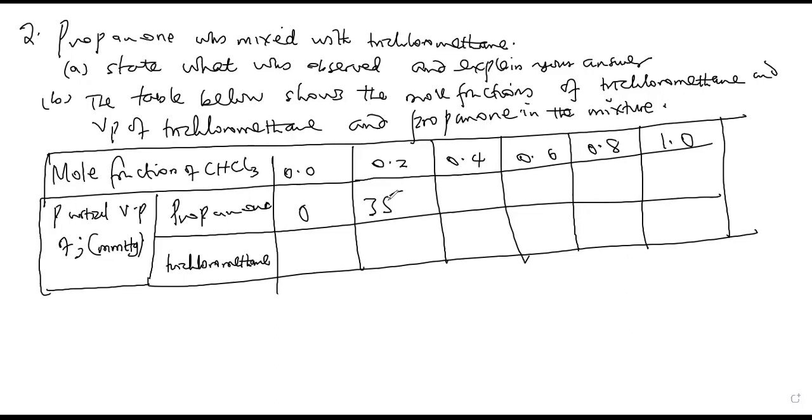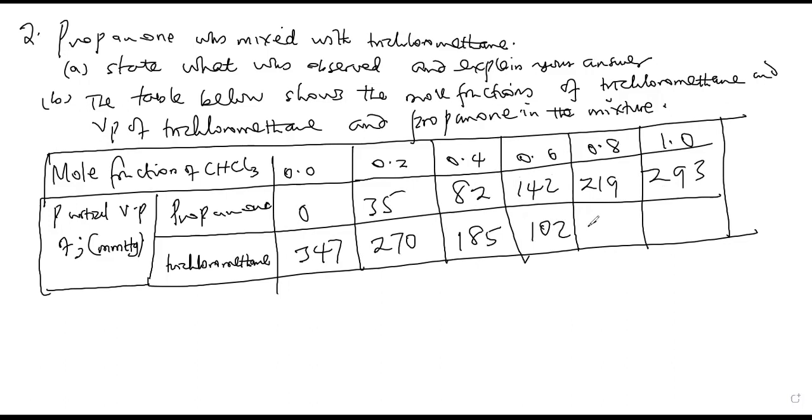The partial vapor pressures are 0, 35, 82, 142, 219, 293, 347, then 270, 185, 102, 370.